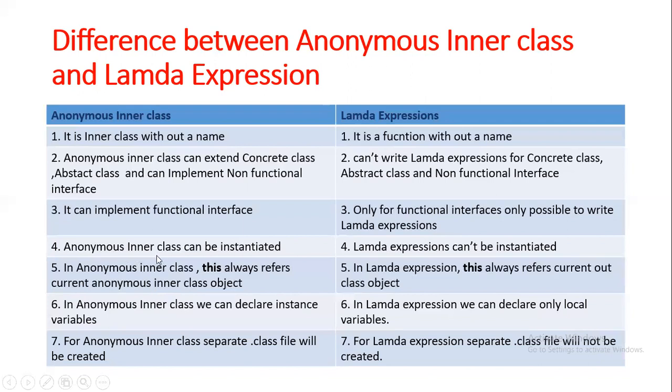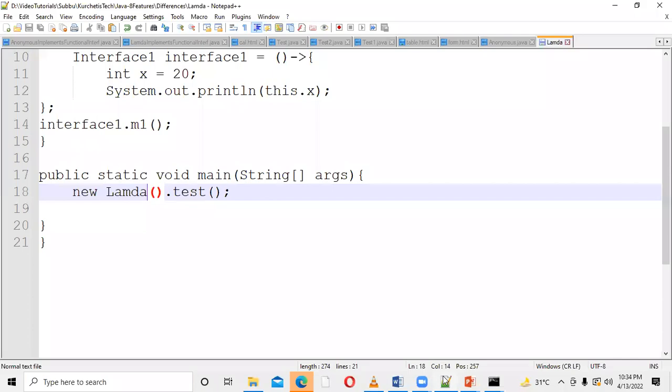Fourth point, anonymous inner class can be instantiated. Whenever we write an anonymous inner class, we write the new keyword. Let's see one example.